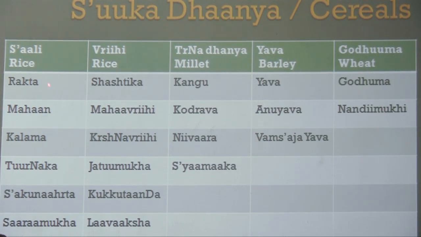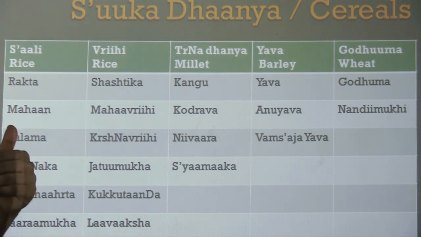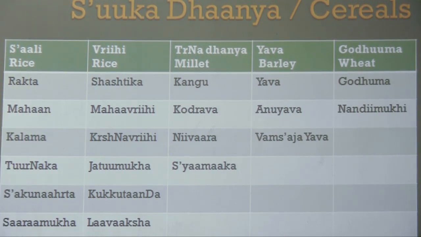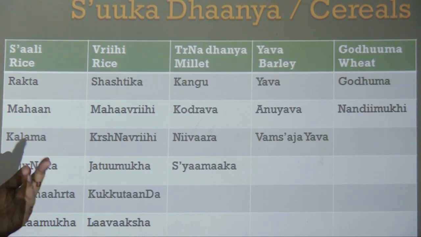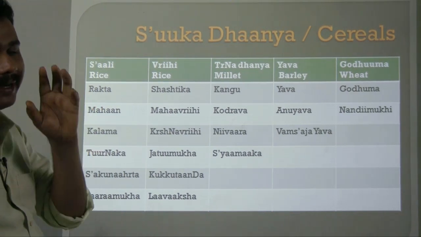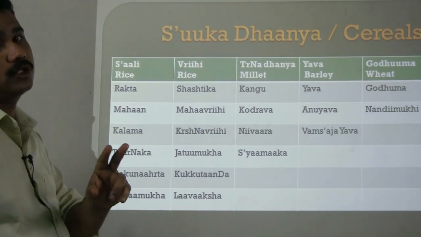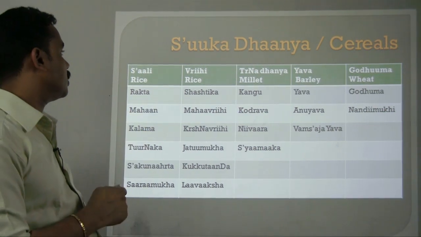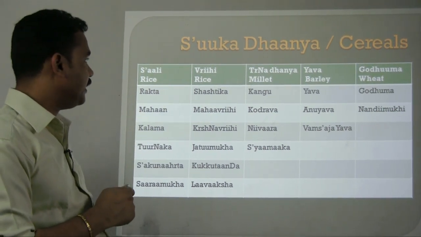And naturally you see that rice is given so much importance, and there are 2 groups of rice being explained. Even in Charaka Samhita, or some commentators say there are even 3 groups; we will look at that later. But here Vagbhata directly mentioned 2 groups of rice, known as Shali and Vrihi.